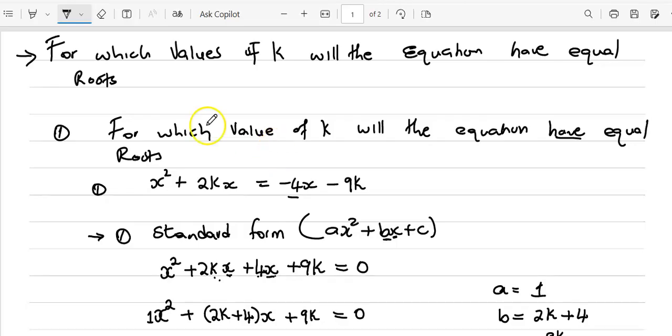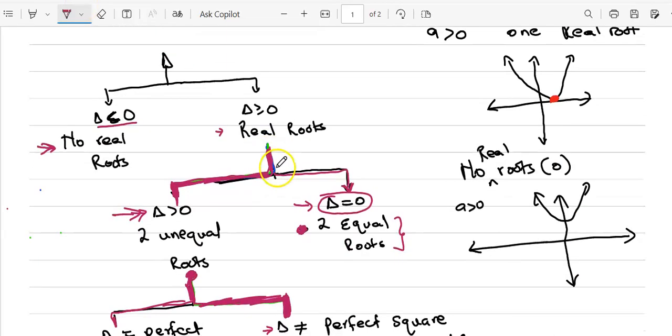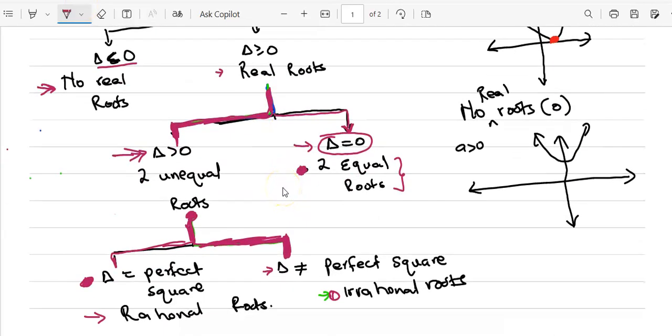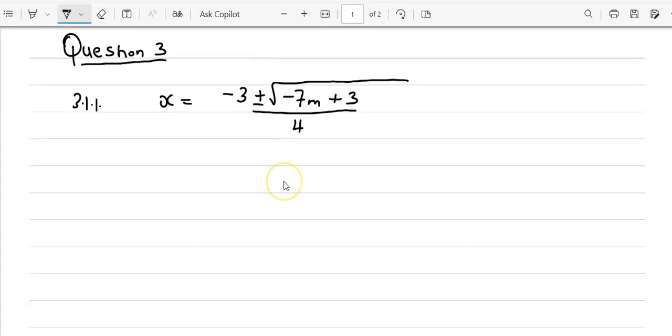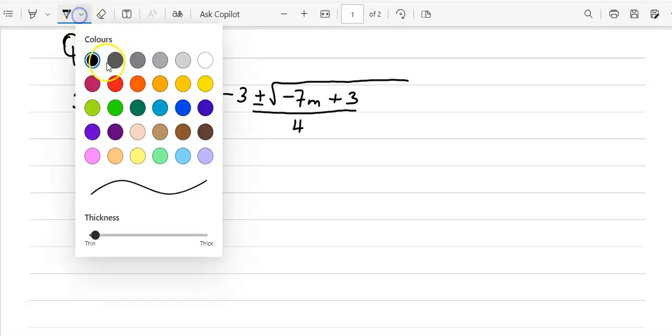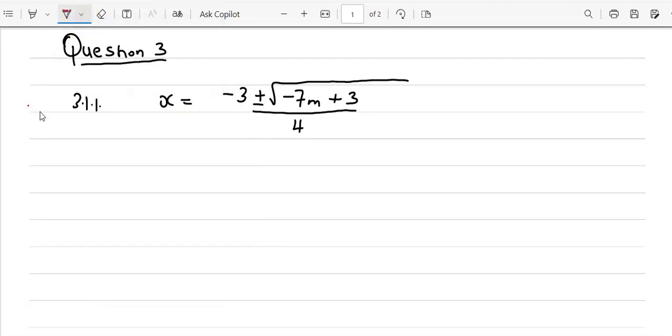Remember, according to our map, when we have 2 equal roots, it's when the discriminant is equal to 0. So we just have to take our discriminant, equate it to 0 and solve. Remember, the discriminant is whatever you have inside your square root.